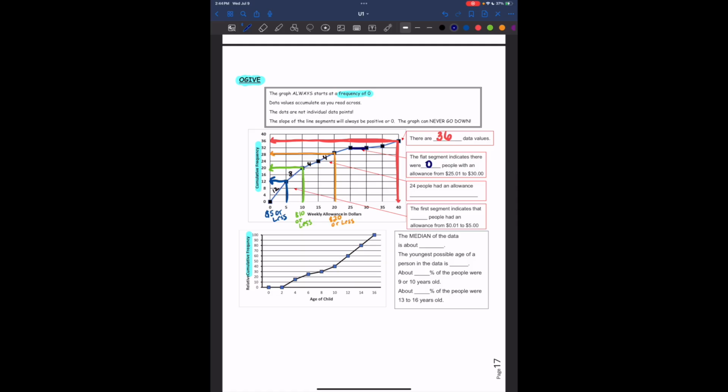Again, this asks us to look here. It says 24 people had an allowance of what? Again, we can almost go backwards and find, okay, where's 24? Here's 24 people. Looking over here, when we had 24 people, they had an allowance of $15 or less.